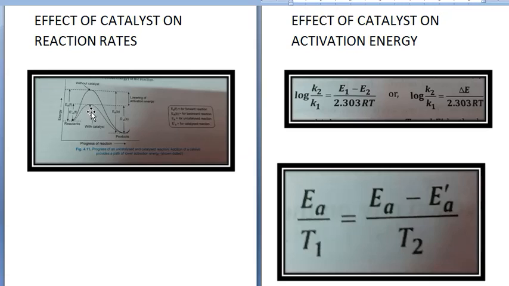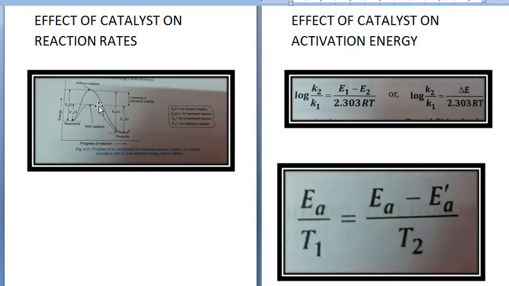So the reaction will be faster. But if it is uncatalyzed, for the reactants to reach up to this point and then the products to be formed, it takes a longer duration. So basically what the catalyst is doing is lowering the activation energy. Products formed are the same. Only thing is in one case it will be faster and the other one will be slower.